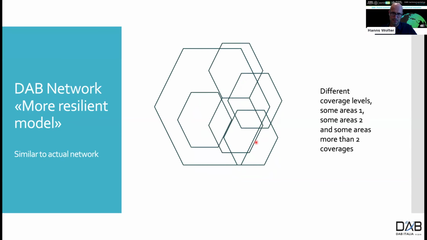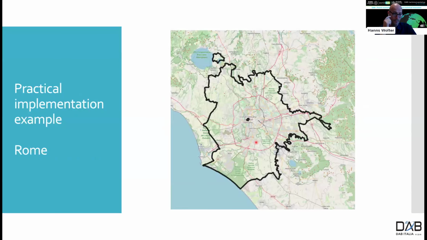So our network was starting to look like something like this. This is, of course, a schema. It's not the real thing. And in this case, you have some areas where you have one coverage, a few areas where we have 2 coverages, and some areas where you have even more coverages. And this really works out really well.